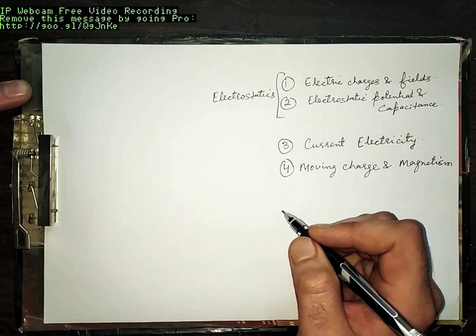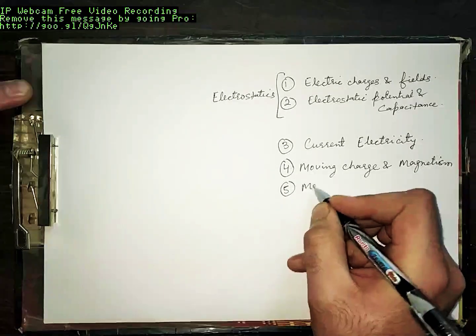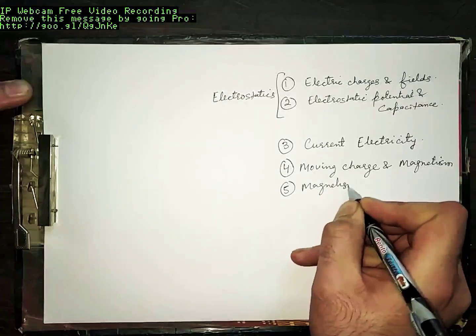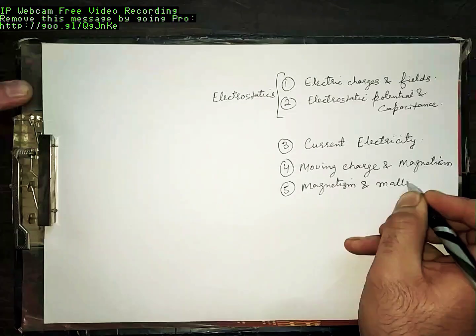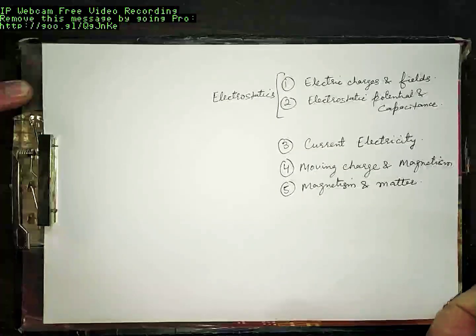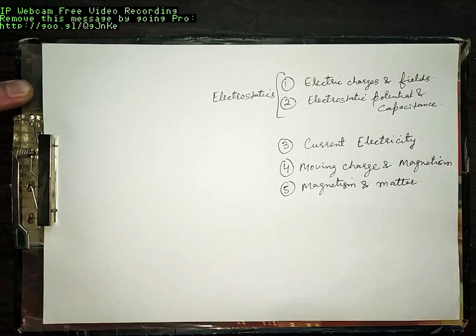And at last, we finished the chapter magnetism and matter. Fine. These are the 5 chapters that we have finished till now.